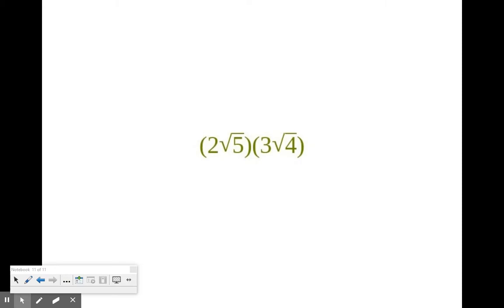I want to keep doing a couple more just to make sure that everybody's on the same page here. Okay, so we have 2 times 3 to get 6, 5 times 4 to get 20. And we can simplify 20 down because I know at least one perfect square goes into 20, and that's 4.